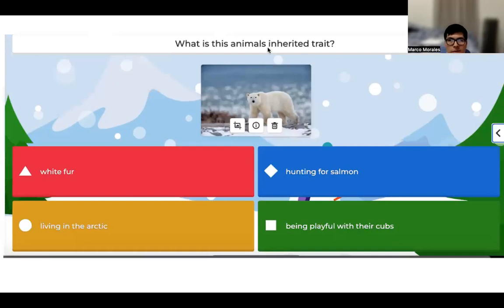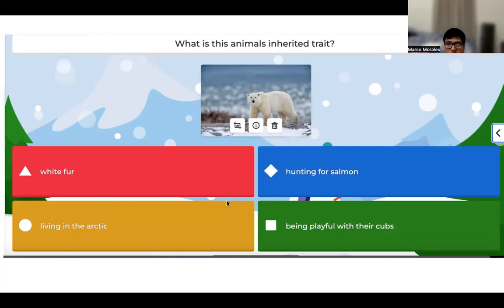Okay, this question is, what is this animal's inherited trait? And as we can see, it's a polar bear. I've noticed many of you guys picked the blue, hunting for salmon. Can anyone explain why hunting for salmon isn't an inherited trait? Maria, let's go back to you. Exactly. So Maria said hunting for salmon is a learned trait. Hunting in general is a learned trait for many animals, but it's not an inherited trait.